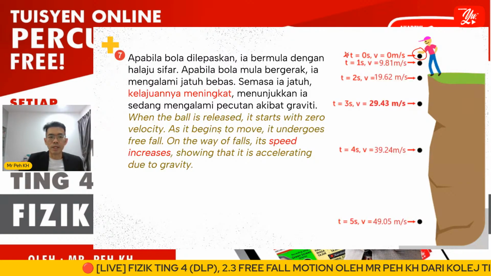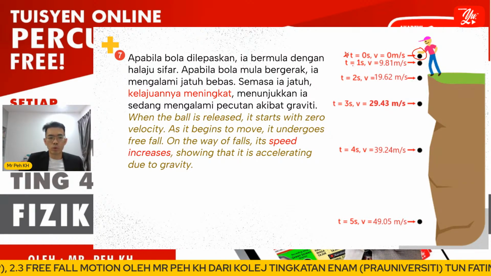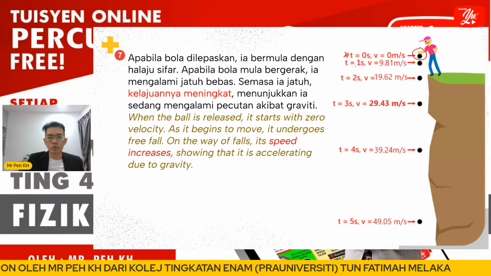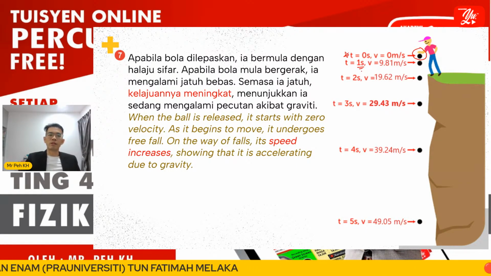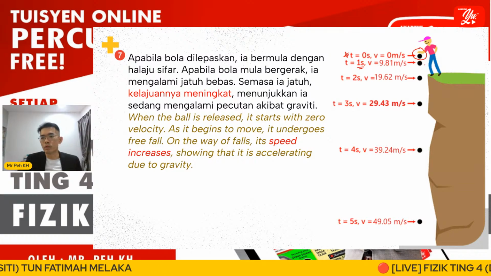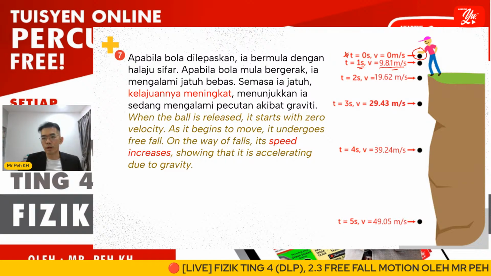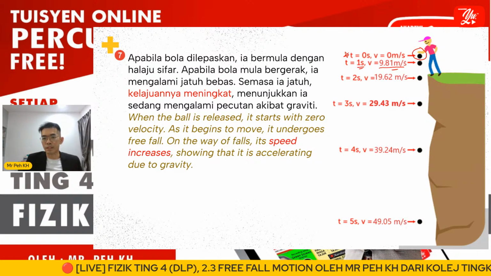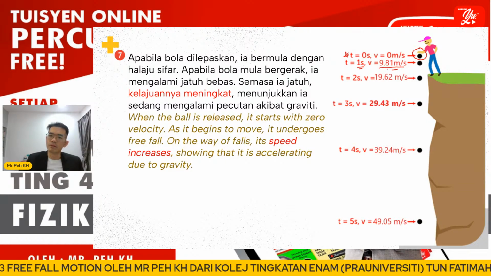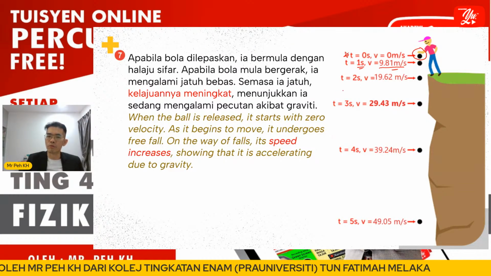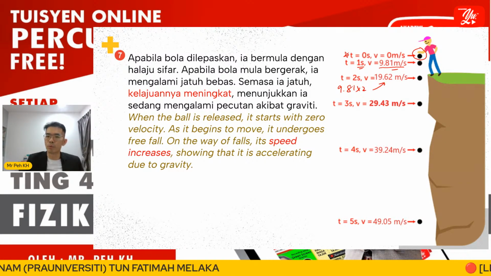As it begins to move, it undergoes free fall, showing that it is accelerating due to gravity. In the first second, due to the gravitational acceleration, the object will be moving at a velocity of 9.81 meters per second. For the second second, the velocity increases to 9.81 times 2, which is equivalent to 19.62.